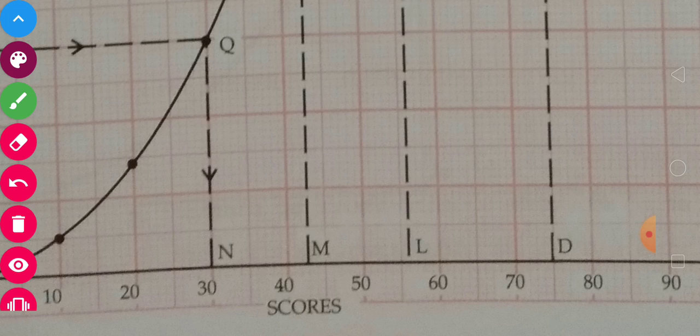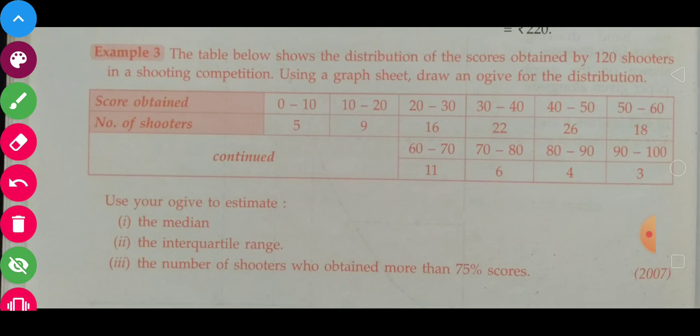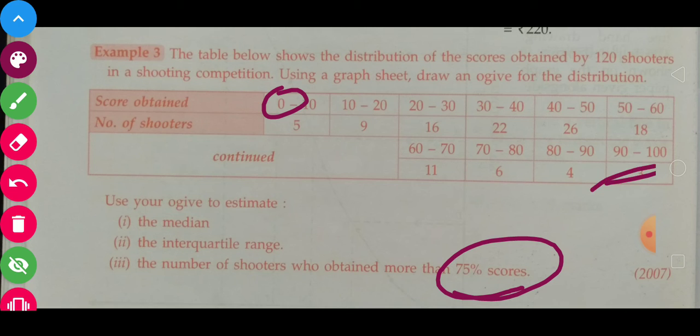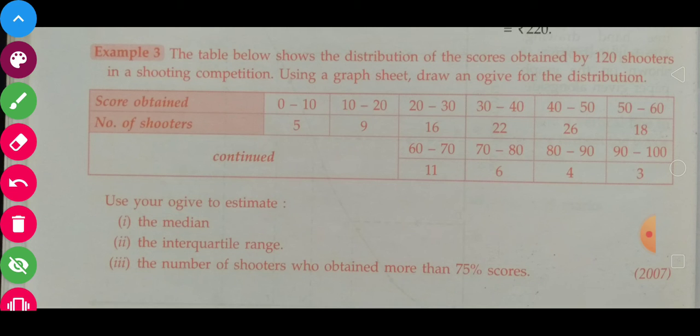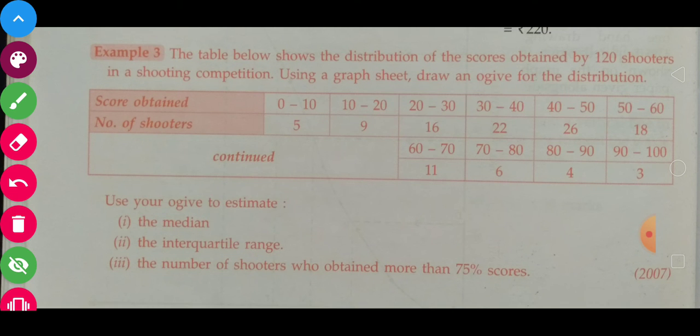Okay, let us see the last part of the question. It also asks us to find the number of shooters who obtained more than 75%. More than 75% scores. My scores start from 0 and go up to 100, right? So 75% would mean 75 itself.